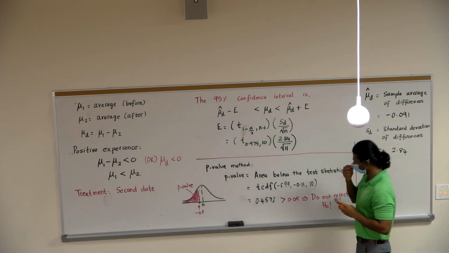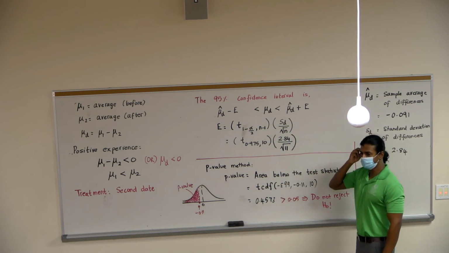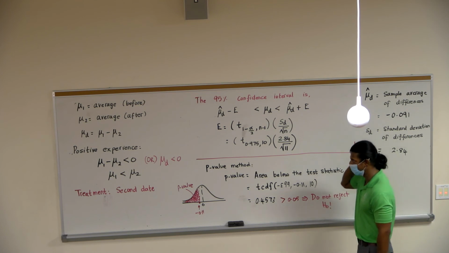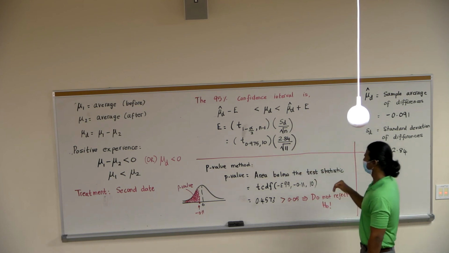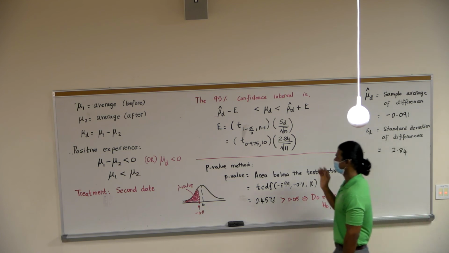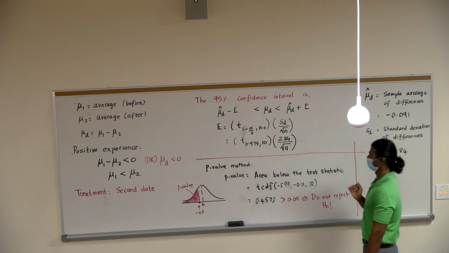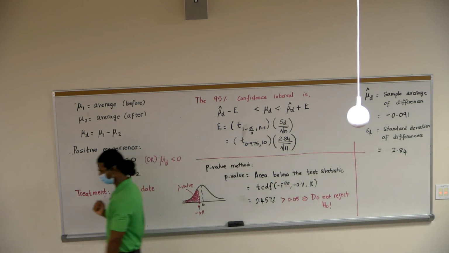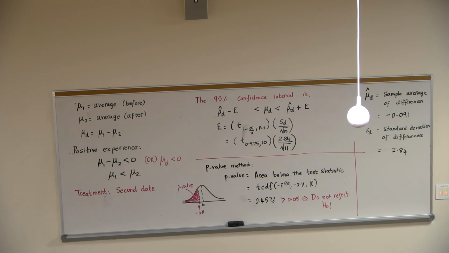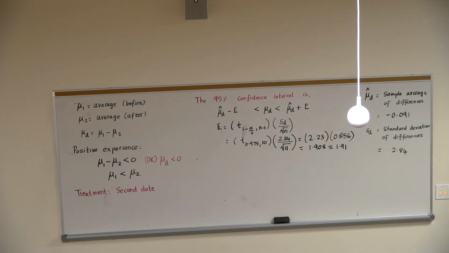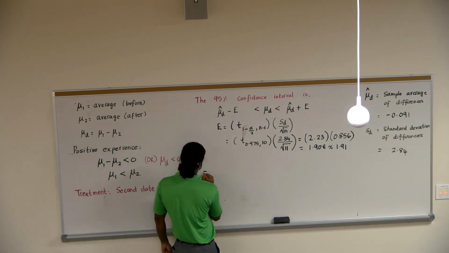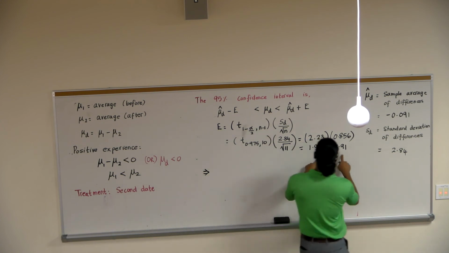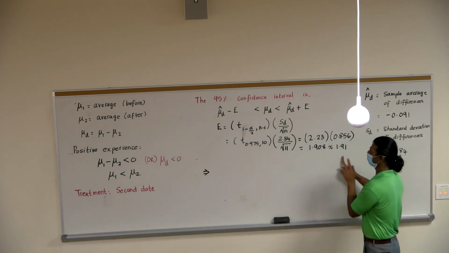And be careful, the denominator here is not n minus 1, it is n. So when you put that in, what do you get as the margin of error? So we have the margin of error to be 1.91.